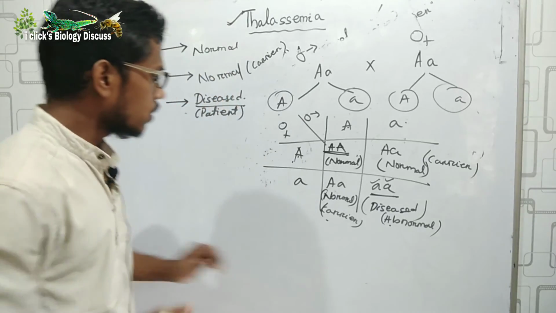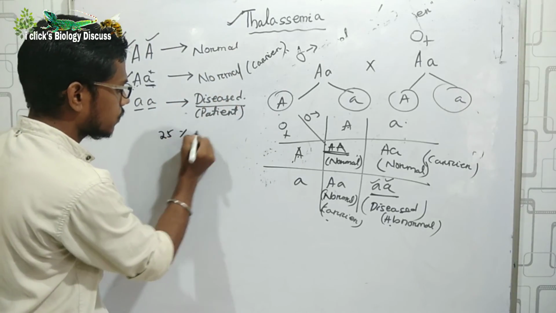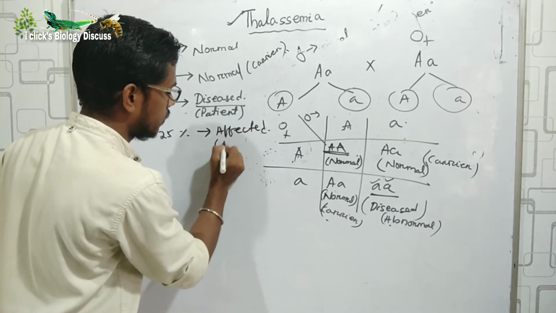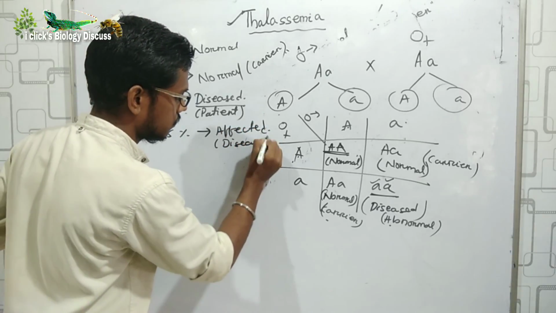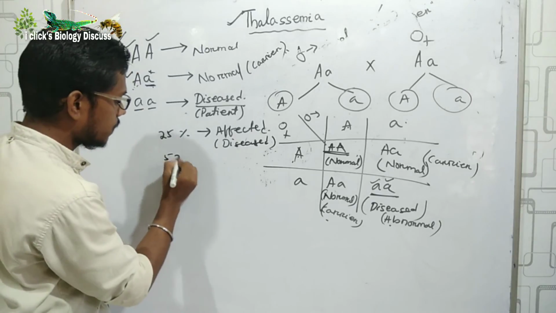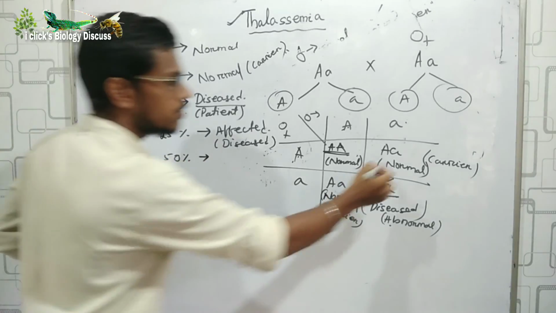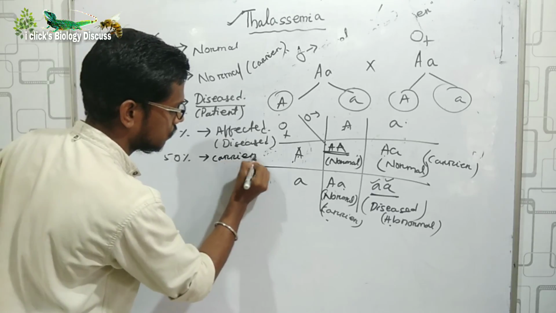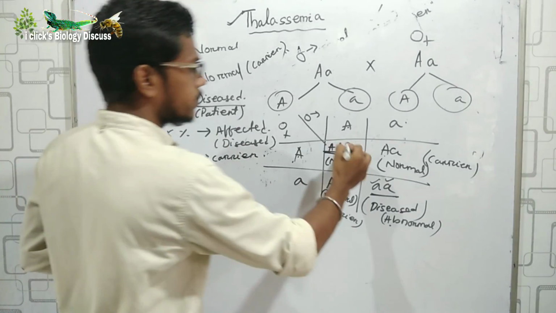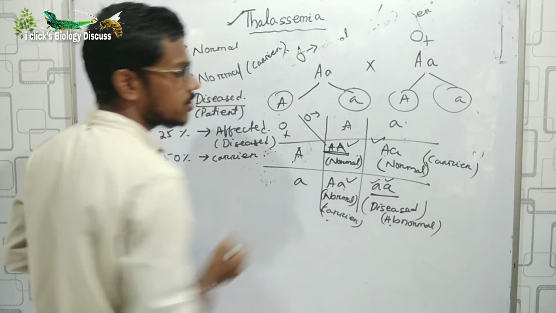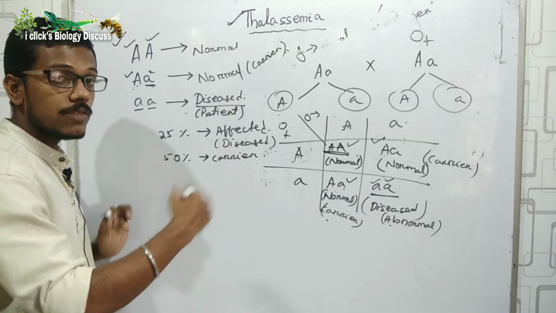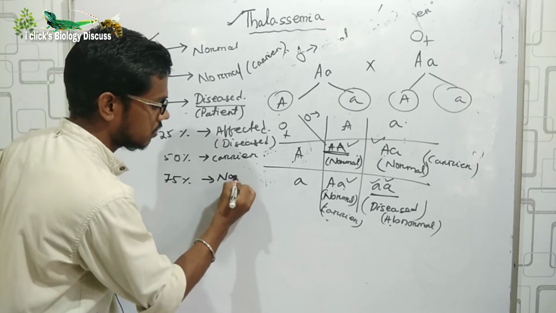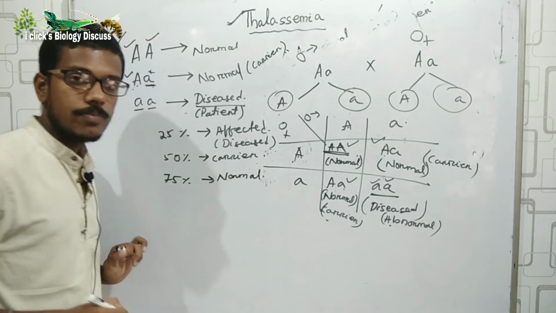Here 25% are affected or diseased, and these two, 50%, are the carriers. And this is normal, and this is normal, meaning 75% are normal.